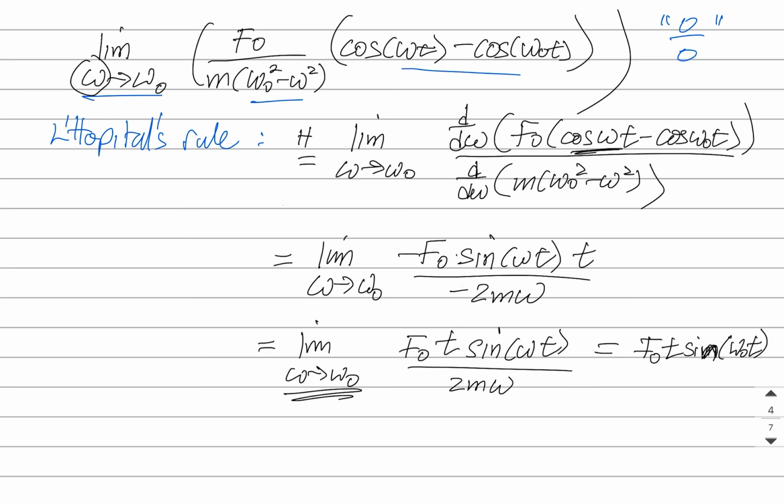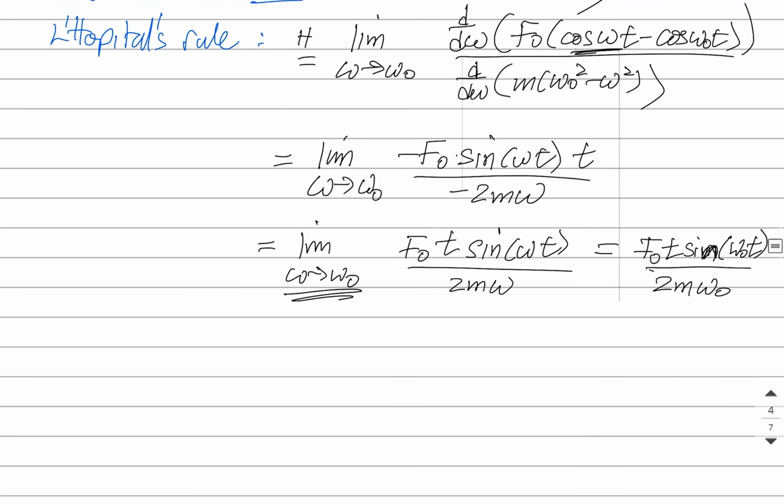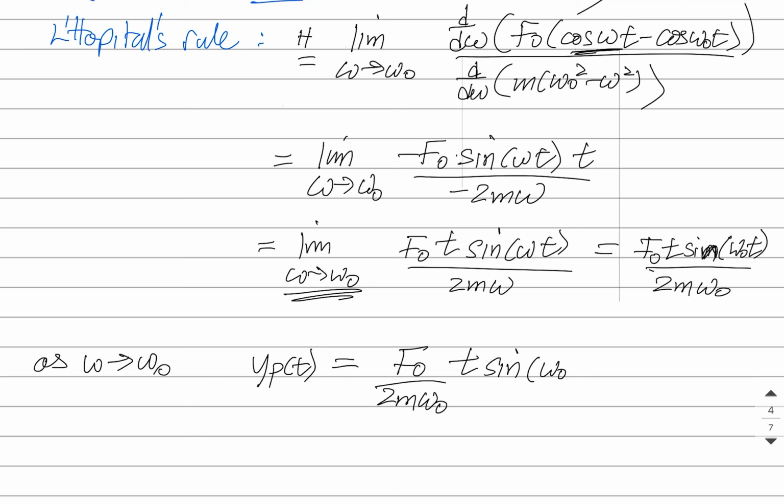So we get this. So as omega goes to omega naught, the particular solution then becomes the following. It becomes f naught over 2m omega naught, with a t in the front, sine omega naught t.